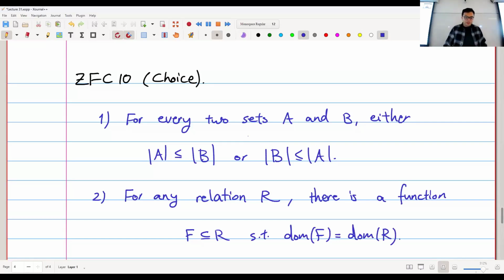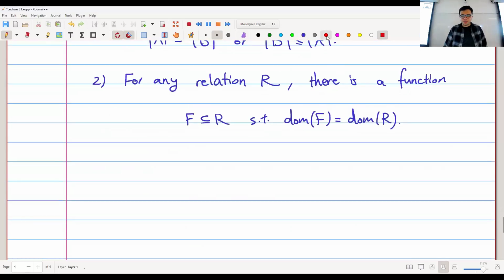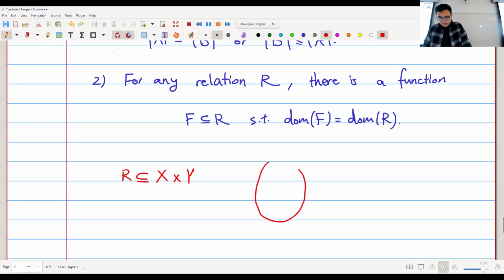Now, if you think about this one, this is much more intuitive. Suppose I have some relation R. We defined what a relation is, right? We said that it's basically a subset of the Cartesian product of two sets, X times Y. So let's say I have my set X here, and my set Y here, and I can think of this relation as a bipartite graph.